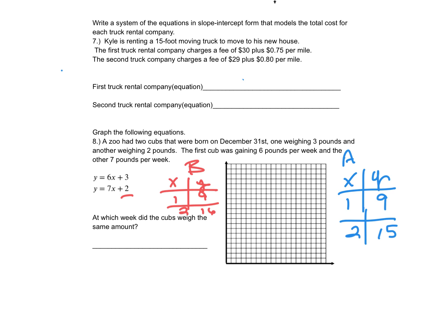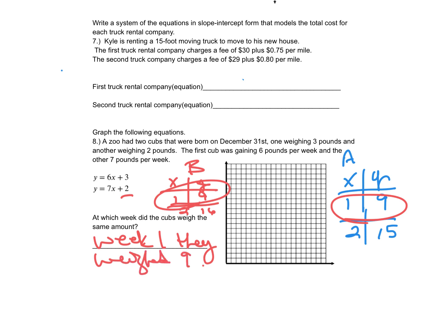At which week did the cubs weigh the same amount? So we can see here both the cubs at week 1 both weighed 9 pounds. So at week 1 they weighed 9 pounds. I'm going to put LBS there for abbreviation. Oh my goodness.